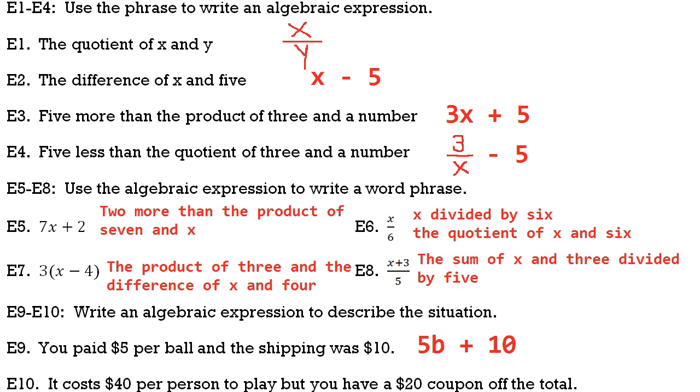So that means when you're done paying, you could take $20 off of that. So now we're going to be dealing with subtraction. So I'm going to say $40 per person, but then you can take $20 off the total. So again, you take the number of people that are playing, you multiply it by 40, and then you take $20 off, so that means you subtract 20.